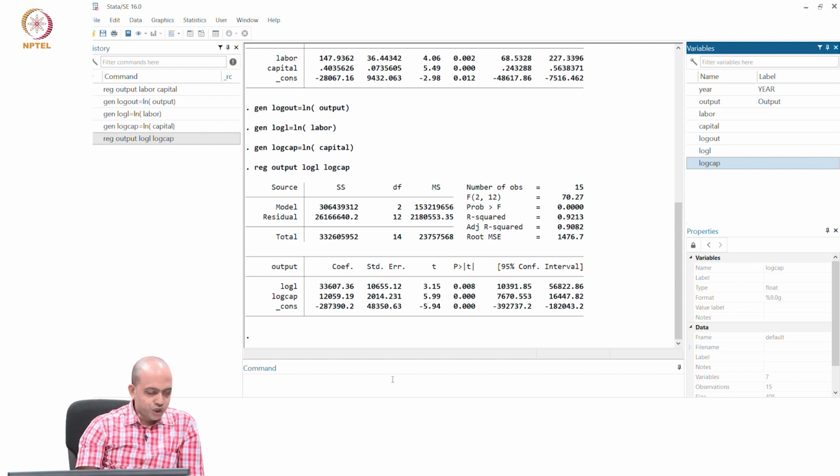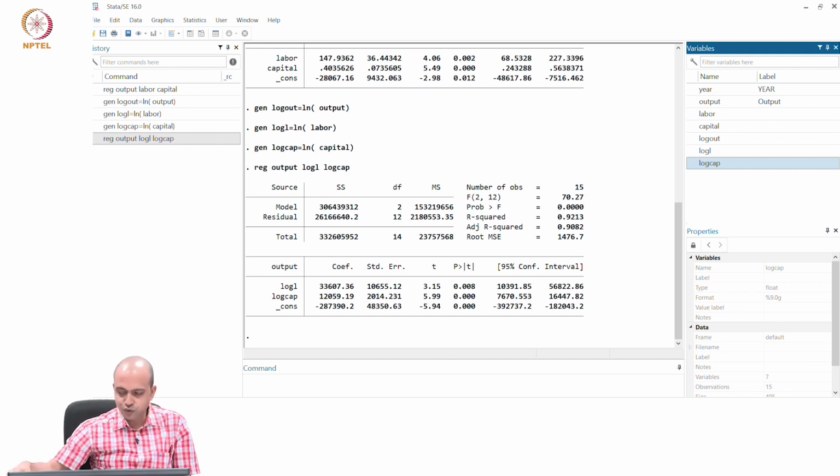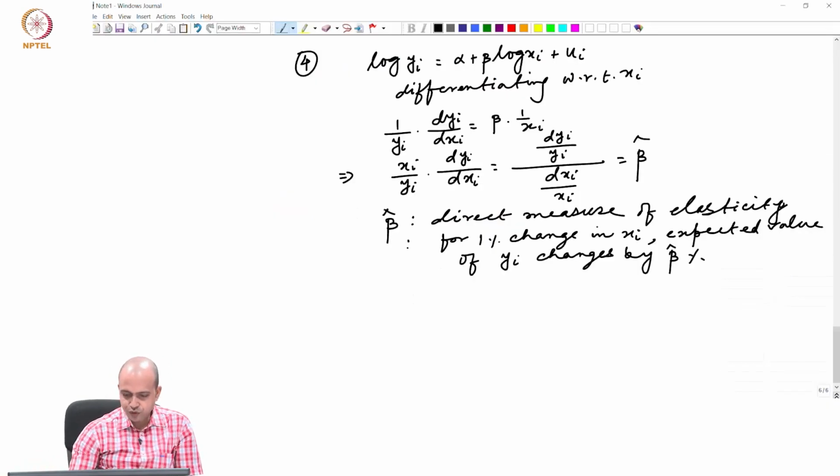Okay, this is my model. Now, the question is, how will you interpret this coefficient? We will go back and see the interpretation.